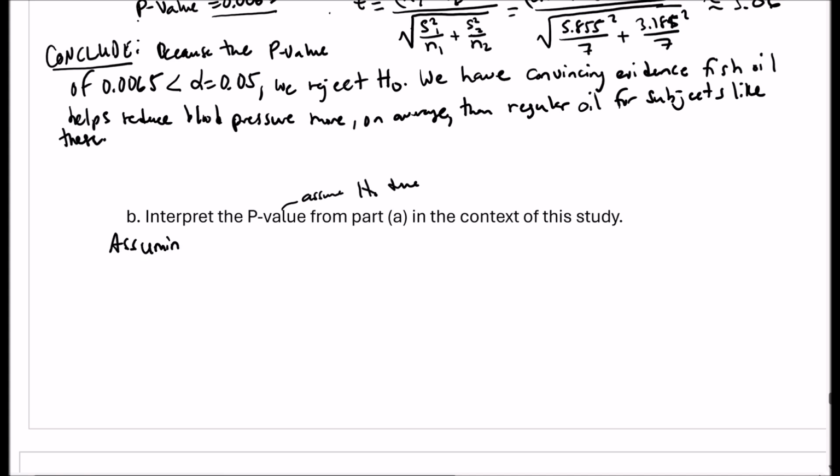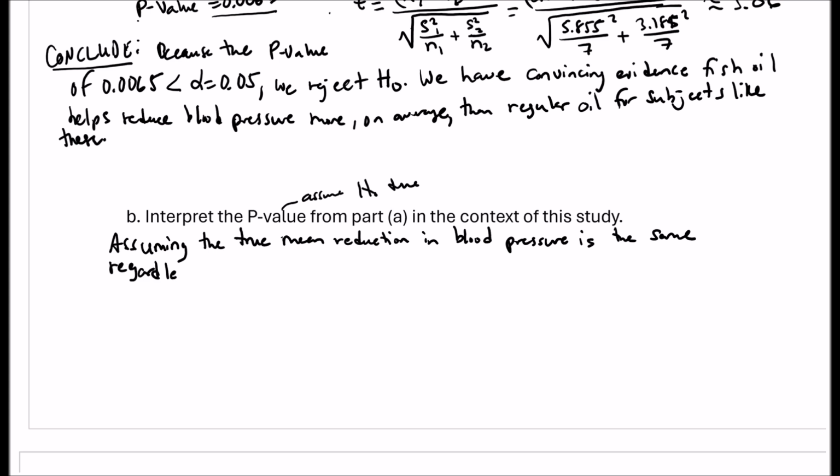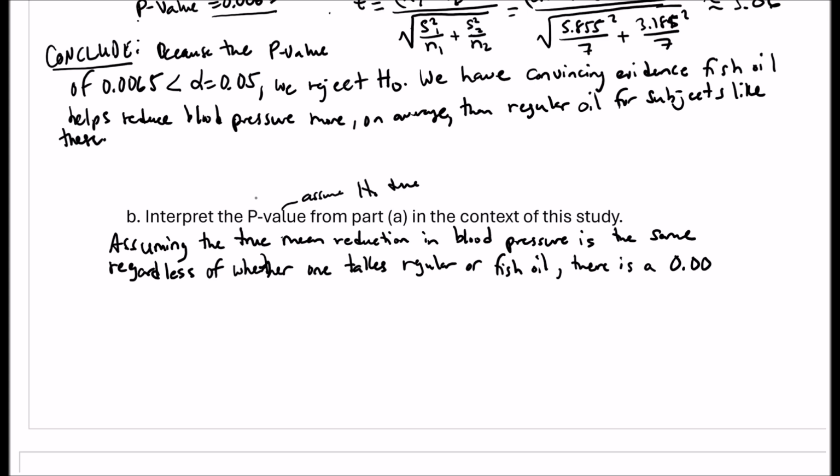All right, so we got assuming the true mean reduction in blood pressure is the same, regardless of whether one takes regular or fish oil, there is a 0.0065 probability that we would observe a difference in the sample means.